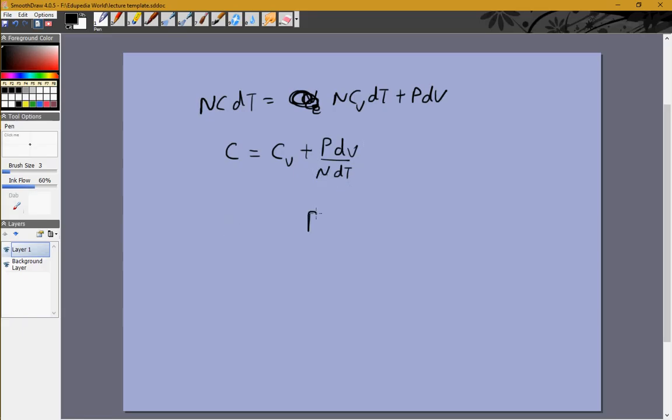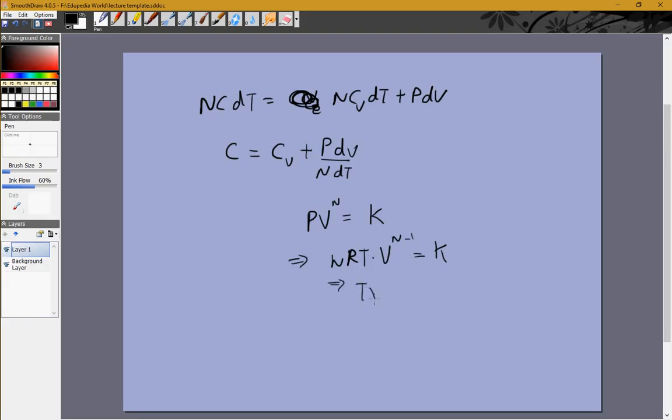We are given PV to the power n is constant. Let's say it's a constant K. That means we can calculate V as a function of T. So PV we can write as nRT. So what we'll get is nRT times V to the power n minus 1 is equal to K, because we've already used PV as nRT.